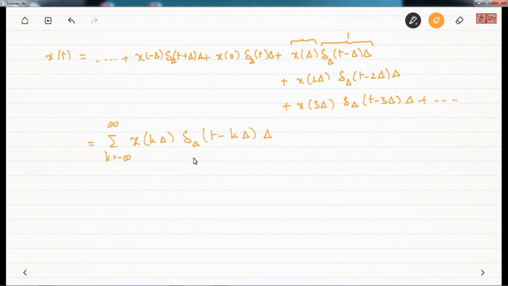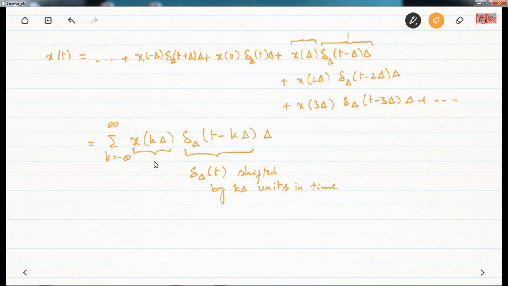So that means this is a rectangular pulse shifted by k delta units in time, right?